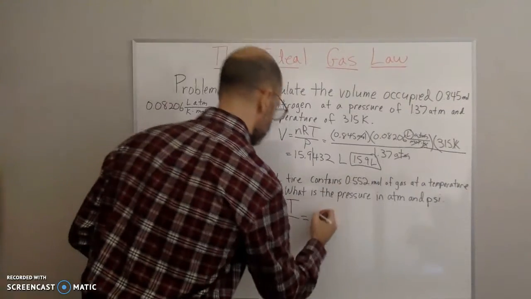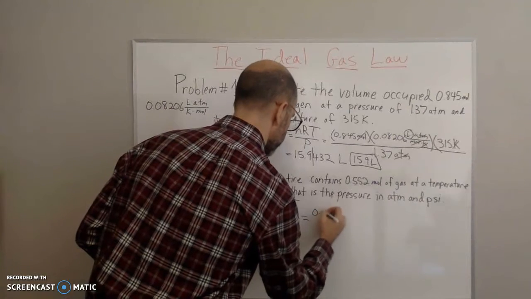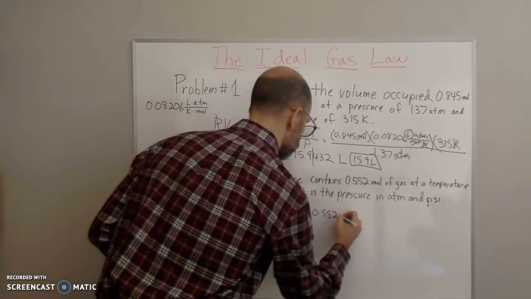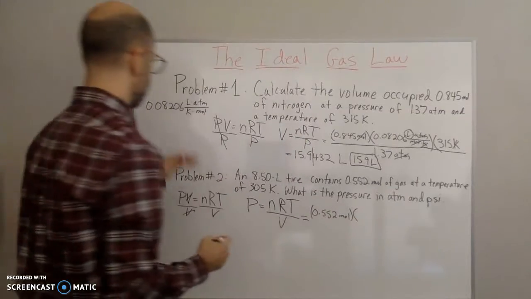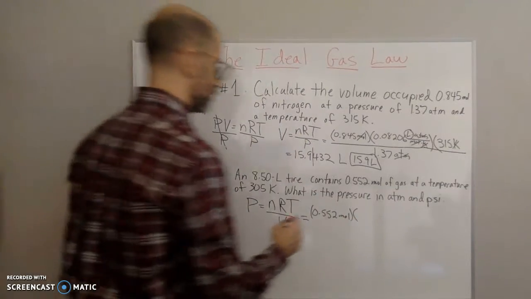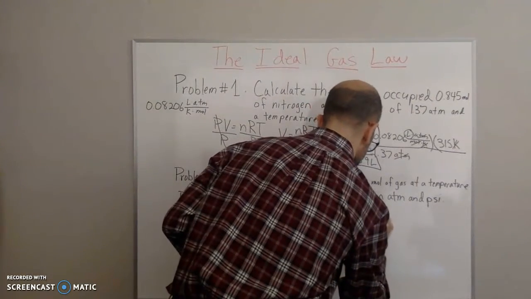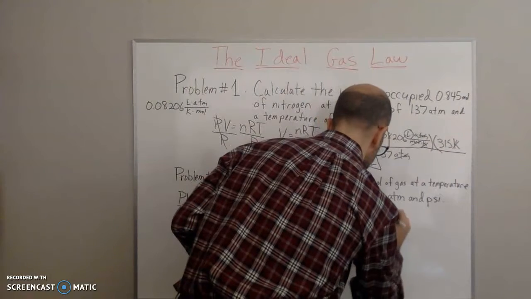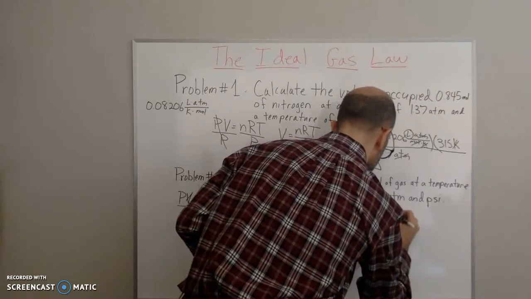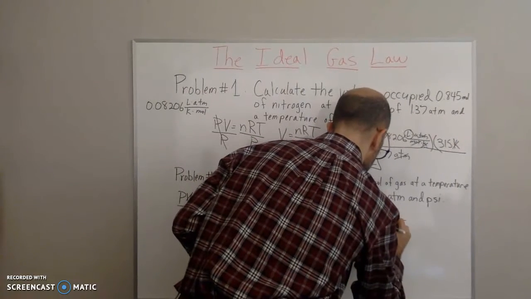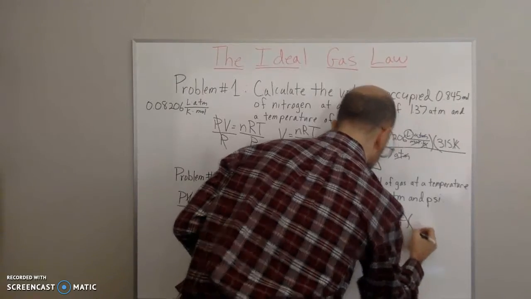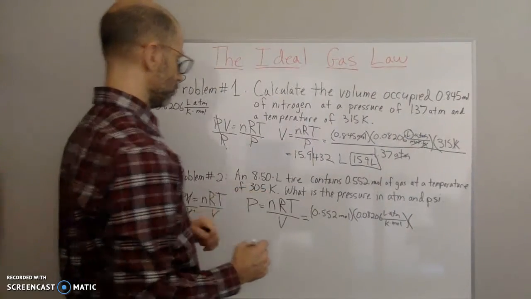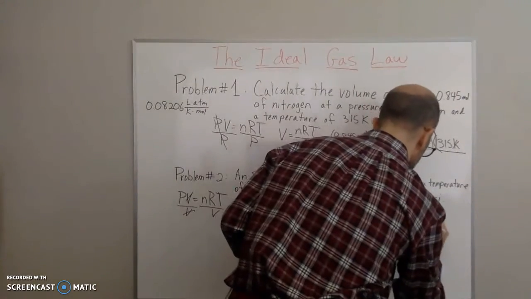So the moles is 0.552 moles. And we're going to multiply that by our constant, 0.08206 liter atmospheres over Kelvin mole. And then we're multiplying that by the temperature, 305 Kelvin.